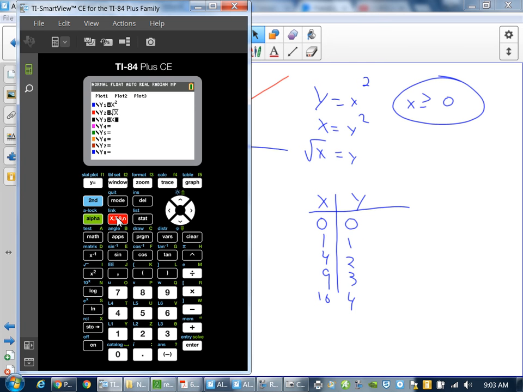I don't want any negative values of x, so I'm going to make my window's x min be at 0. If I do that, there's your x squared, there's your square root, and there's your line. So it goes under and across, and every one of those points on the blue versus red line are all going to be equidistant to the line y equals x. They're all symmetrical about that line. That's how that stuff's going to look.